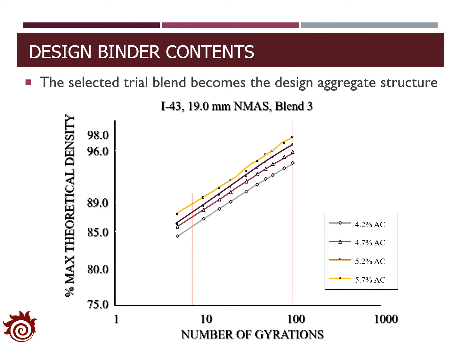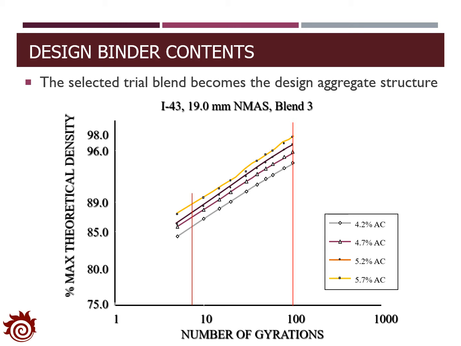In the design of binder contents, the Superpave gyratory compaction test will also be conducted to measure the maximum theoretical density, which is usually referred to as the maximum specific gravity, under different numbers of gyrations. The figure here shows the results for the trial blend 3 with 4 different asphalt contents.